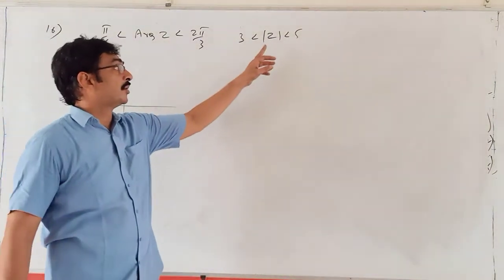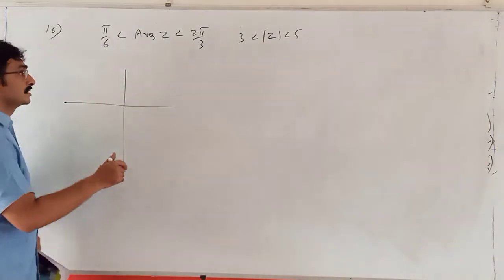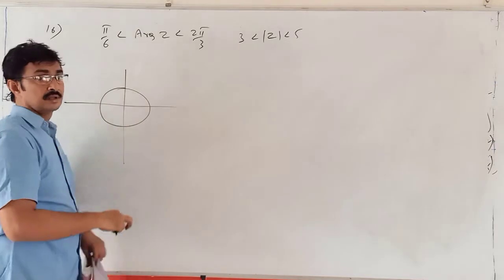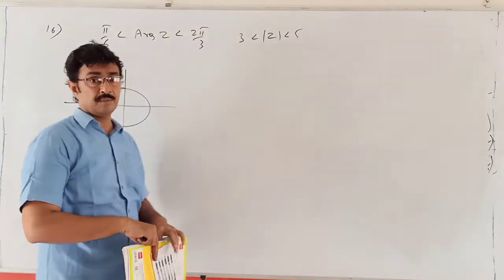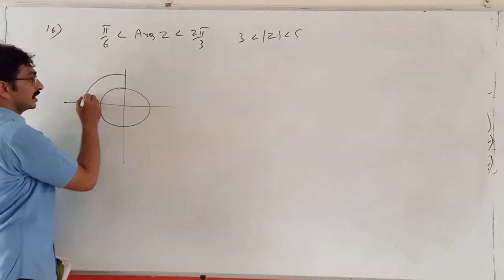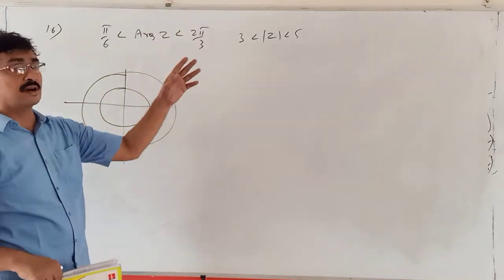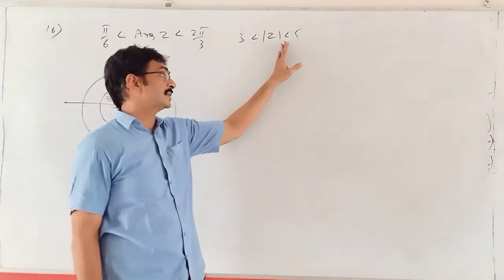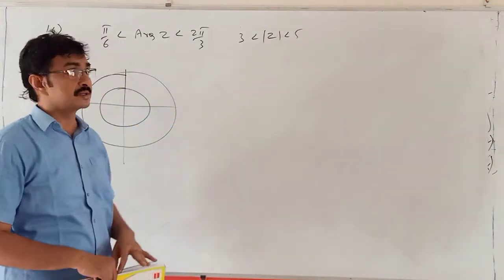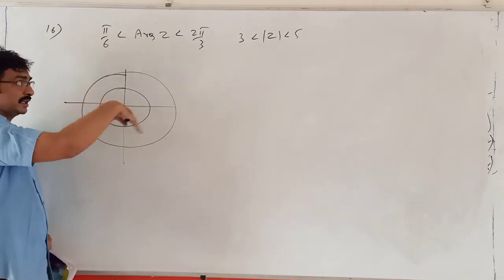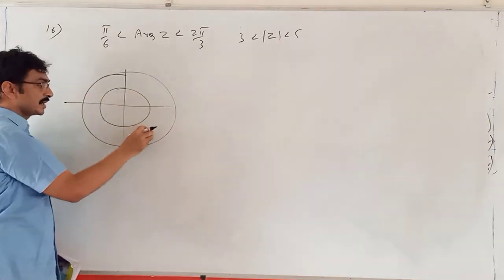From the second, mod z equal to 3 means a circle with center origin and radius 3 units. Mod z equal to 5 means a circle with center origin and radius 5 units. So clearly they are concentric circles. So mod z lies between 3 and 5 means the area of the region bounded by these two circles, this part.